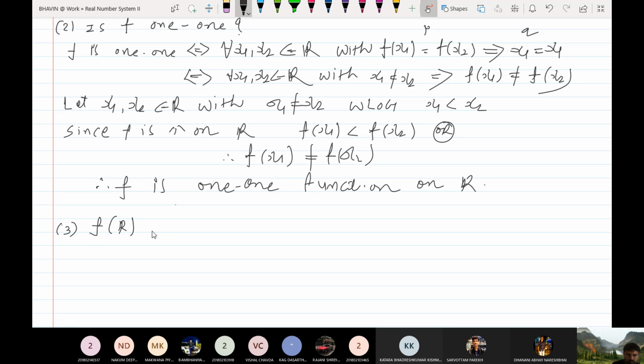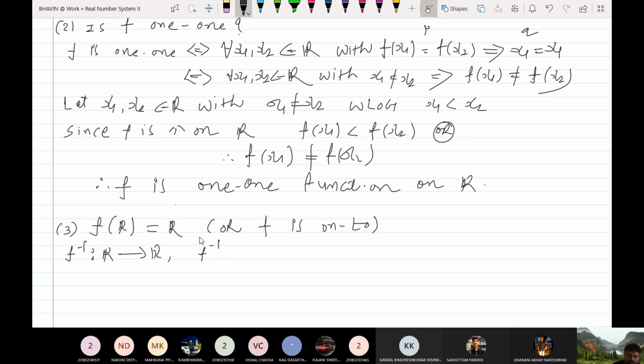What is the image of R? f of R equal to R, or simply you can say that f is onto. So f is invertible in short. One can show that its image of R is equal to R. So f inverse exists, and f inverse is also a function from R to R.